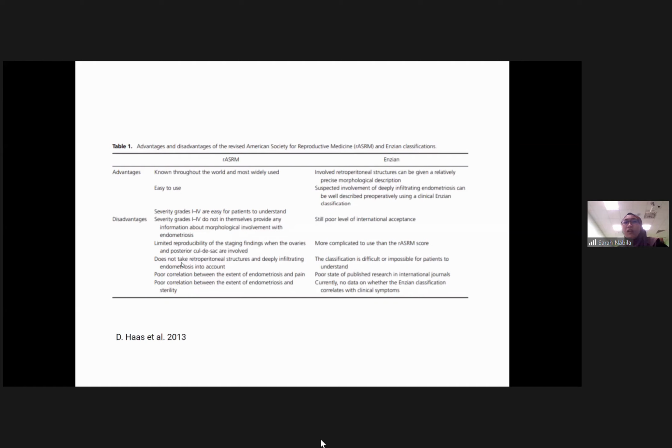It does not include the retroperitoneal structures and deep infiltrating endometriosis, and it does not correlate the extent of endometriosis with pain, as well as sterility. As compared to the ENZIAN, it does mention the relation between extent of endometriosis and pain and sterility.